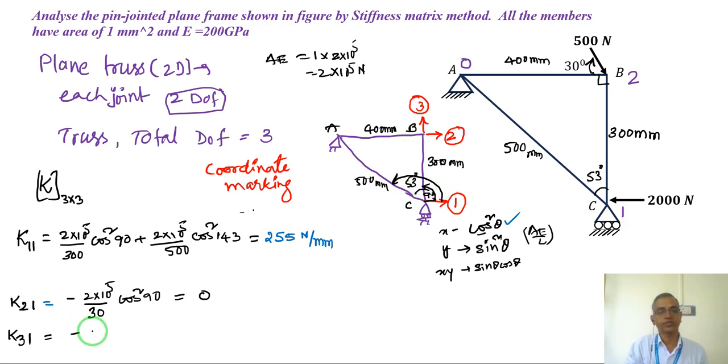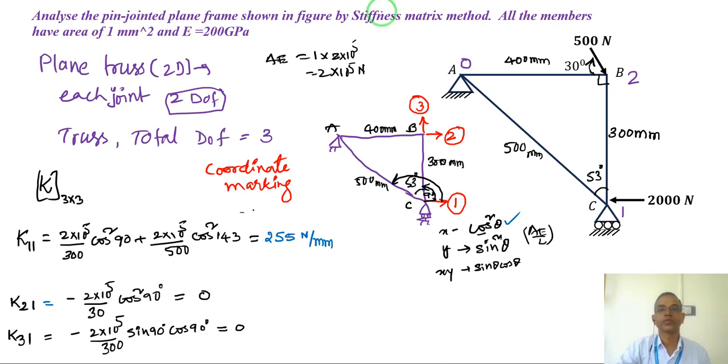So minus 2 into 10 power of 5 by length of this member, which is 300, into 1 3 is two different coordinates like x and y. So sin theta cos theta. Right? What is the theta? The angle between the positive x-axis near end to the member, it is 90. So sin 90 into cos 90. So cos 90 is 0, so everything is 0.